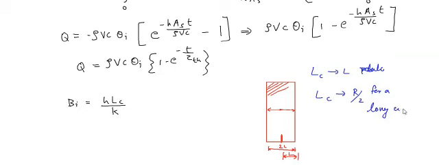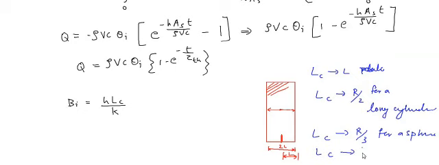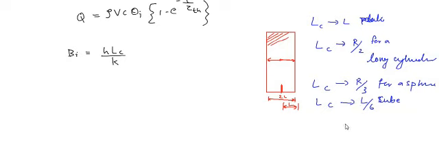And then L_c, the characteristic length, is equal to R over 3 for a sphere. Now if it is a cube, then L_c is L over 6, where L is the side of the cube. So you can see that L is the side. The first one is actually for this one.